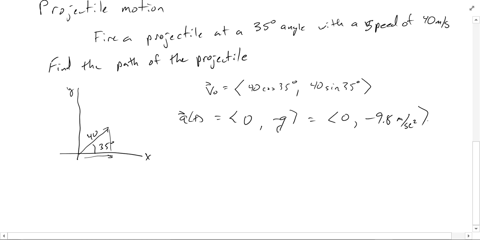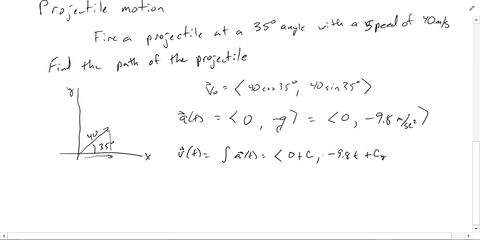Alright, if that's our acceleration, then I know that velocity would be the antiderivative of the acceleration vector. When you take the antiderivative of 0, you're going to get 0 plus some constant, because you're going to do term-by-term antidifferentiation. The antiderivative of minus 9.8 would be minus 9.8t, oops, not t squared, t, plus some other initial constant.